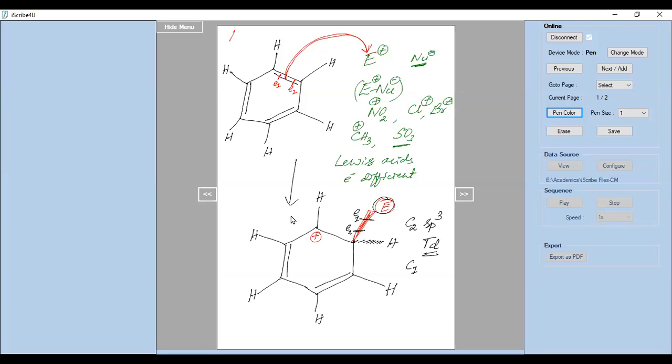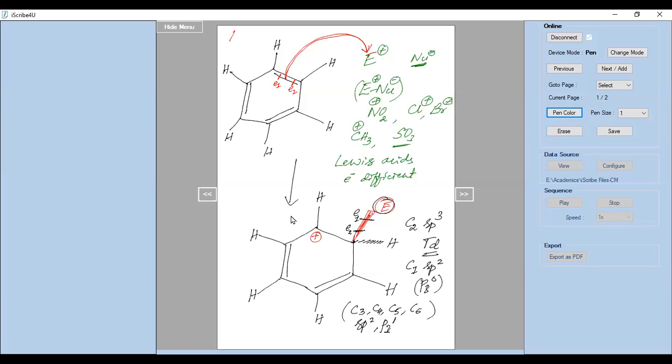However, C1 is sp2 hybridized, though its pz electron count is 0. All the other carbons, C3, C4, C5 and C6, their structure is not changed. All of them are sp2 hybridized and all of them have one electron in the pz orbital, forming a pi bond.